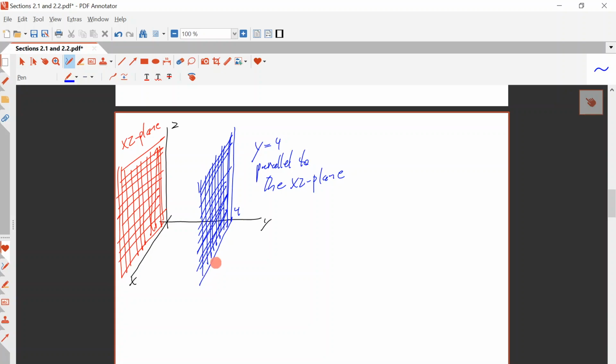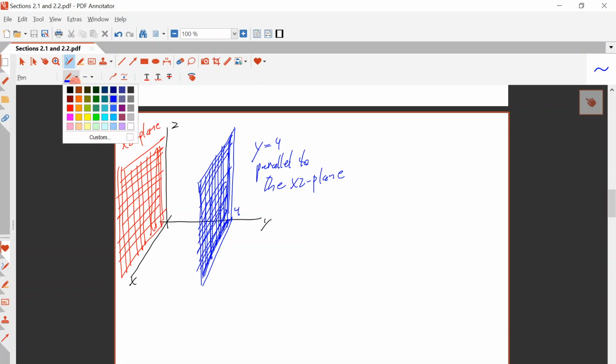There, I think that's a little better. Okay, so those are the 3 what are called coordinate planes, and then planes parallel to those coordinate planes.